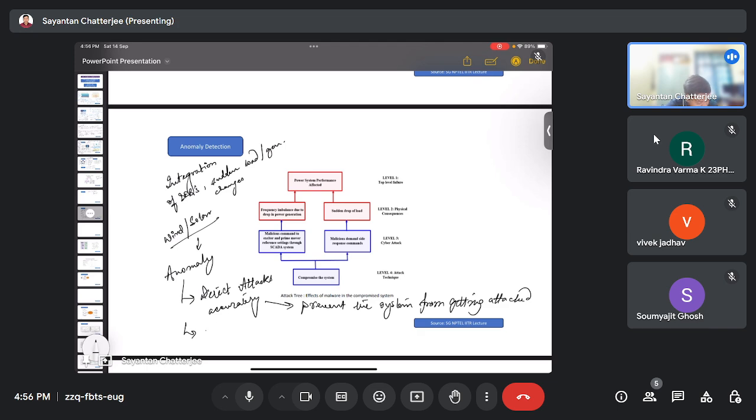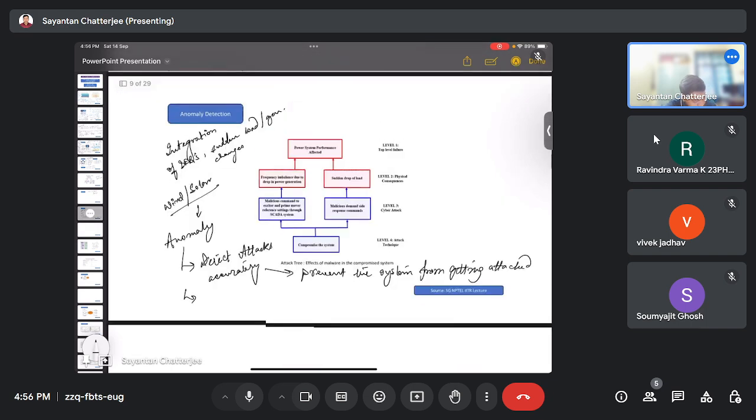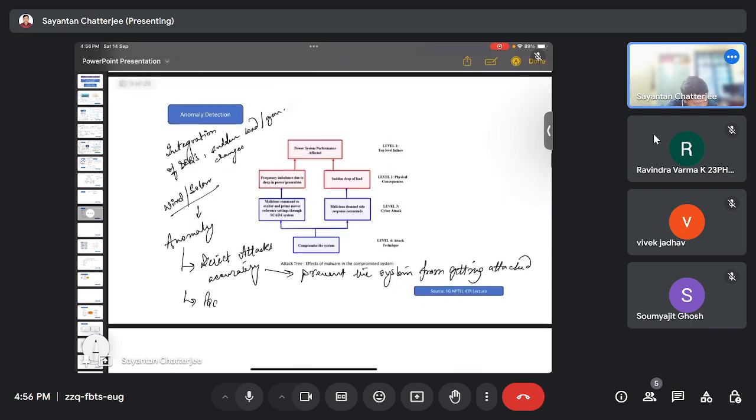Again, on the other hand, we need to detect bad data and also prevent the bad data from further usage in the monitoring aspect. So you need to detect them.